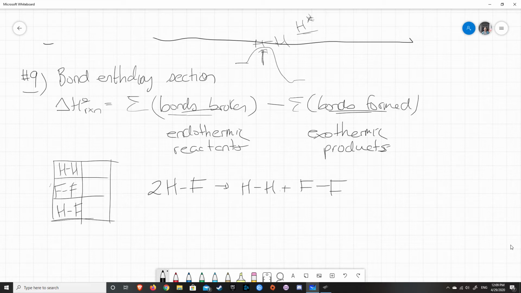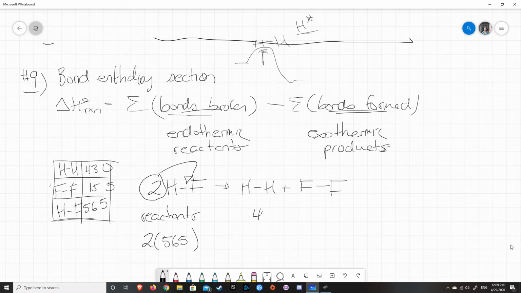So let's look at our reactants first. If we look at the reactants, we have 2 hydrogen fluorine bonds. So 2 times, and the value here, which I forgot to fill in somehow, is 565. So it's 2 times 565, and that's for reactants. And for products, we've got an HH bond, which is 430, and an FF bond, which is 150.